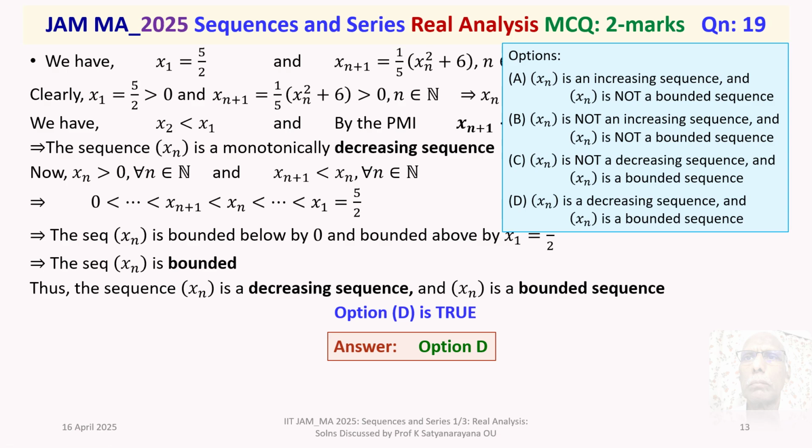Why I am suggesting these previous year questions of the JAM examination is, number one, this will be a revision for you on sequence and series. Number two is, at times, the questions that have appeared in JAM are appearing again in the CSIR NET examination.